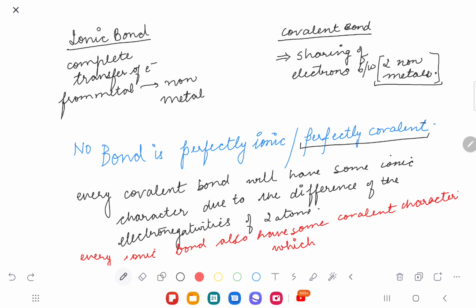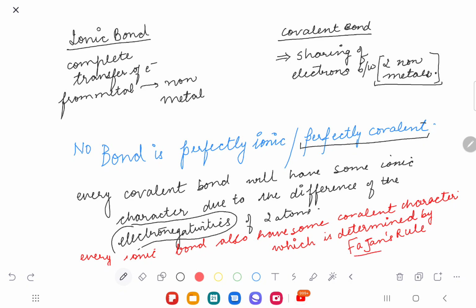So for covalent compounds having an ionic character, we decide with the help of electronegativities. And every ionic bond having some covalent character is determined by Fajan's rule.